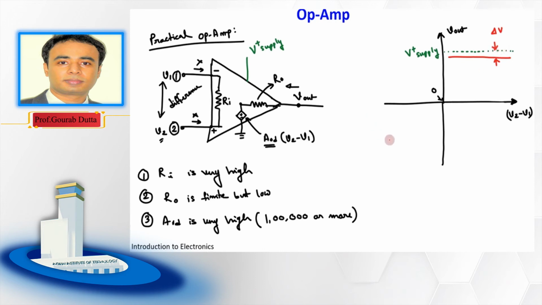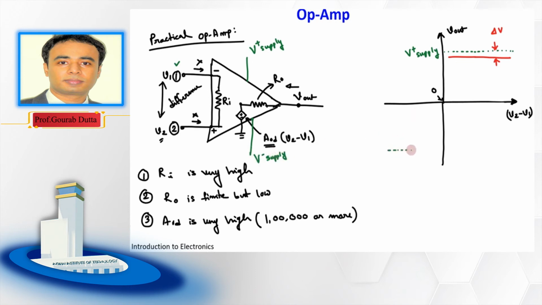What will happen if V2 minus V1 is negative, that is on the left side? Here the voltage applied at terminal 1 is higher than at terminal 2, so obviously the output V out will be some negative voltage. As it is operating in the open loop condition, the output will try to achieve the maximum negative supply voltage.